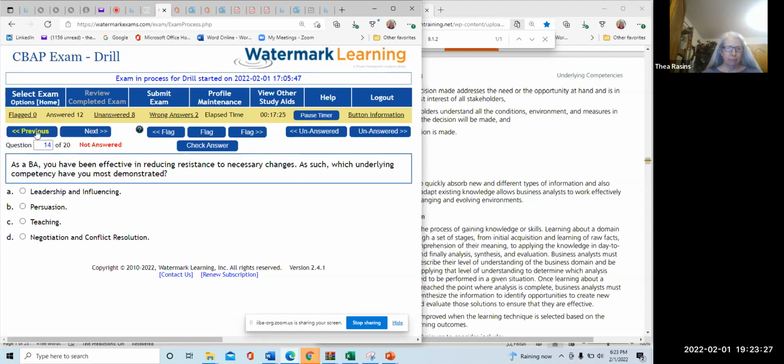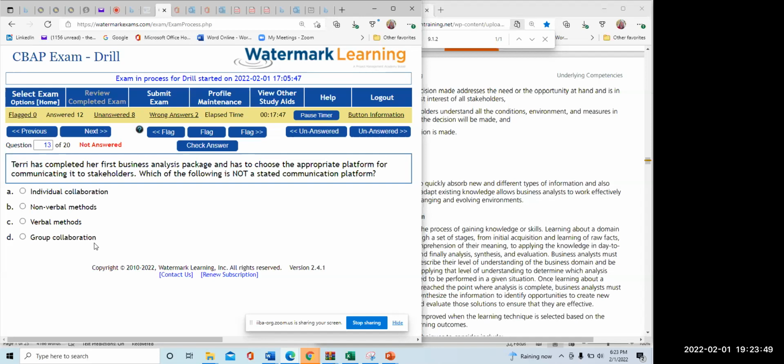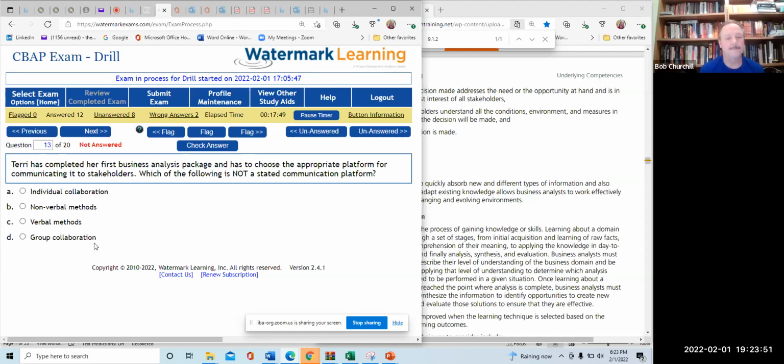Stated communication platform. So we know that individual collaboration is a communication platform. Group collaboration would work. How about the other two? Hmm. Goofy.